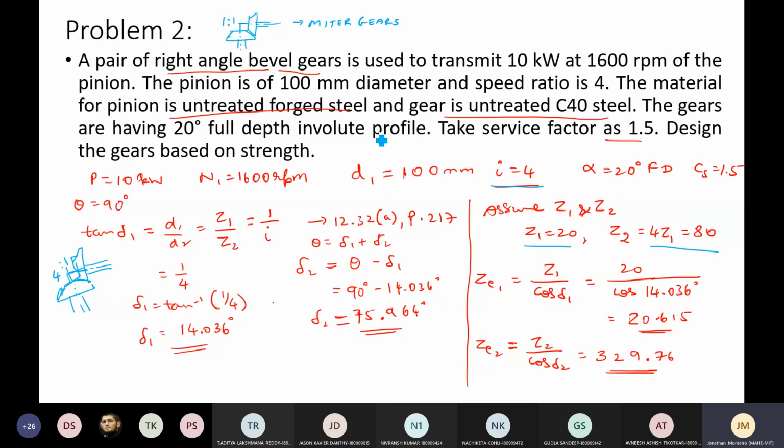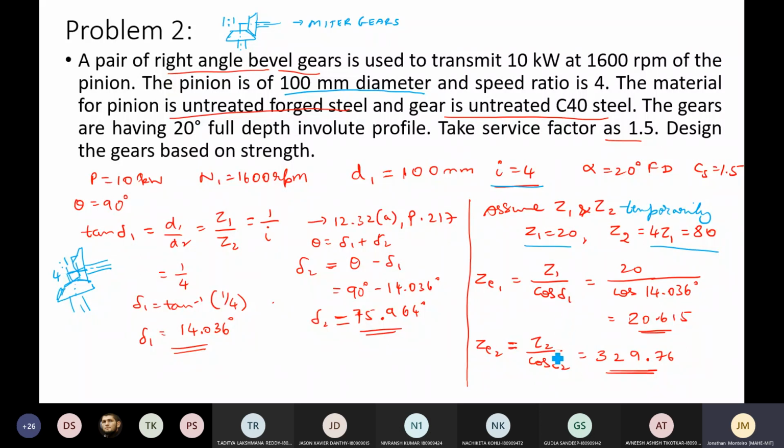Now in this problem the diameter is given as 100 mm, but we don't have the number of teeth. So taking diameter as reference, temporarily we will assume that z1 is 20 and z2 is 80, 4 times z1. Then the virtual number of teeth will get adjusted by z1 by cos delta 1 and z2 by cos delta 2.